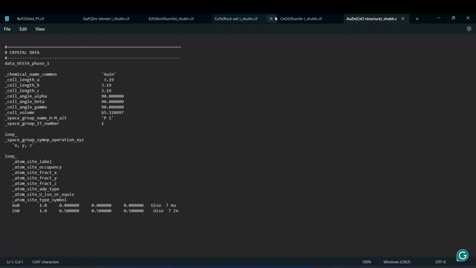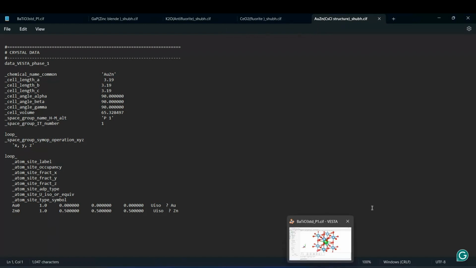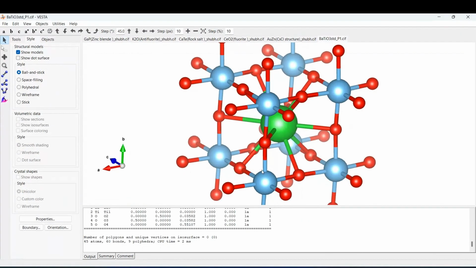So this is like that, and now we will open it in VESTA so that we can see the structures of the files.